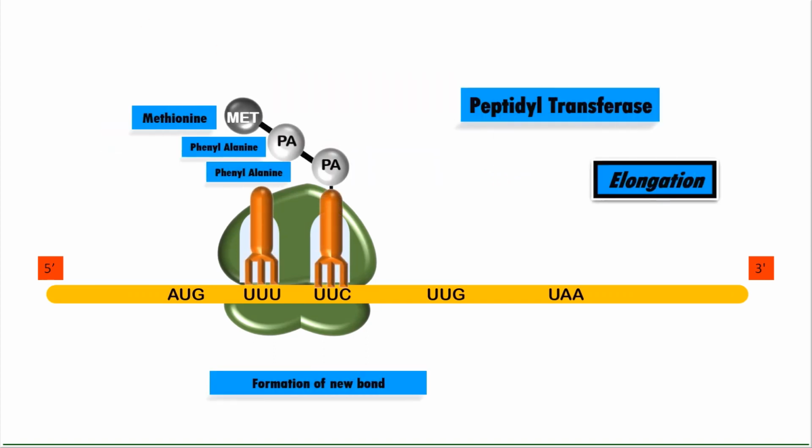And now this tRNA is free to go to the cytoplasm. Here what we have done now, AUG has coded to form methionine, UUC has coded to form phenylalanine. Now the next codon to be decoded is UUG, which actually codes for leucine.